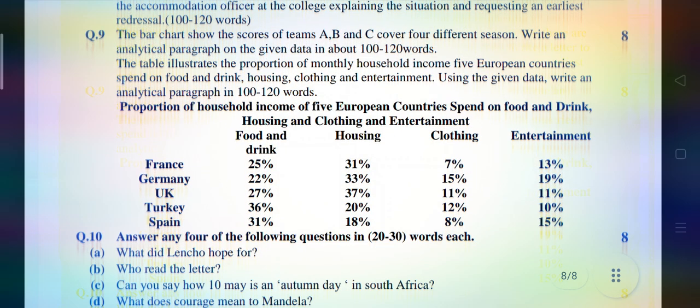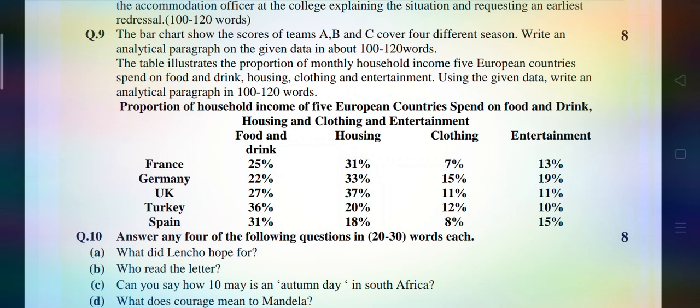Now question number 9. The bar chart shows the scores of teams A, B and C over different seasons. Write an analytical paragraph on the given data in about 120 words. This is paragraph writing. For paragraph writing you must know the sentences and the formation of tense. If you know the tense and formation of sentences you can easily write a paragraph.